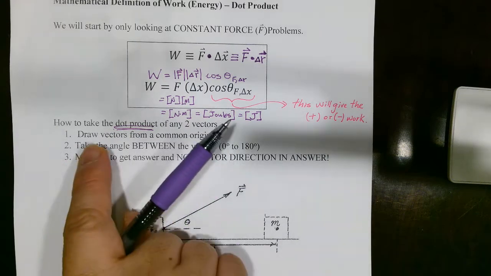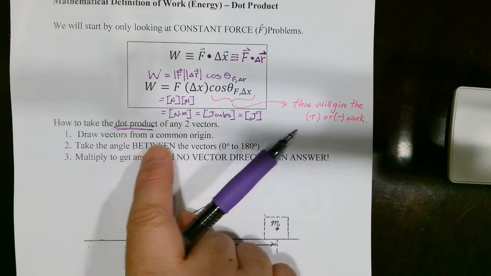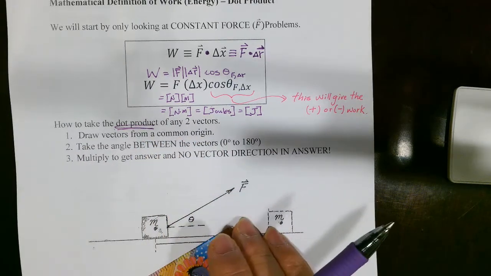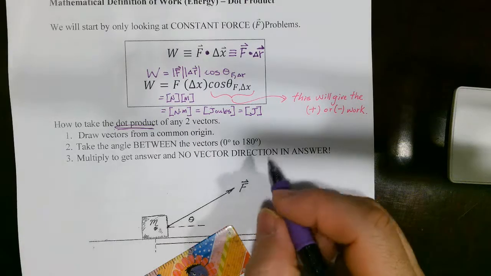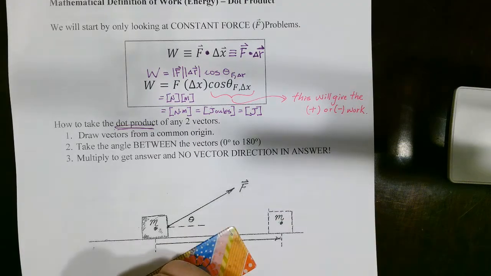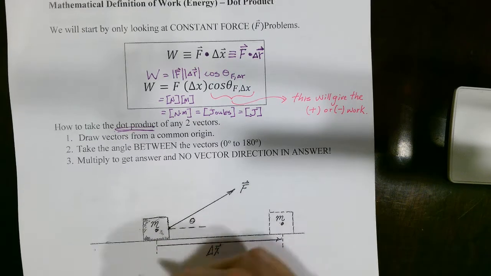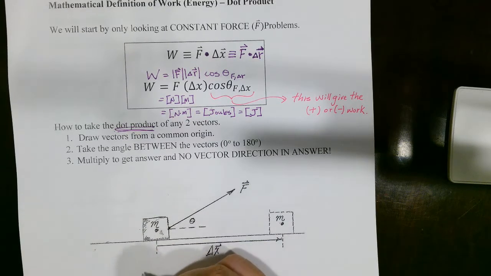So the first step is to draw vectors from a common origin. So first draw the vectors out. So here's my force vector, and here's my displacement vector.